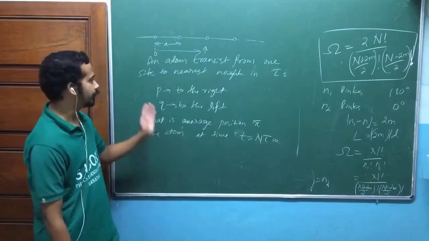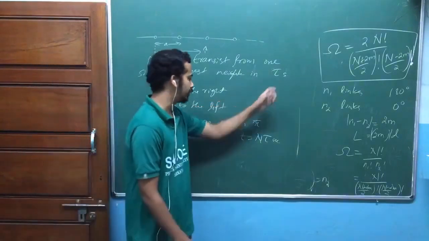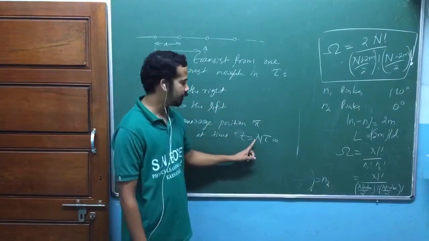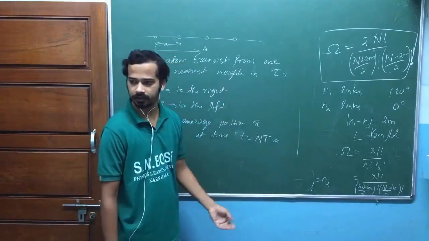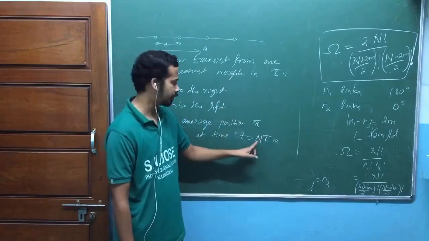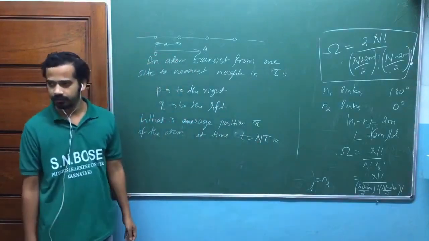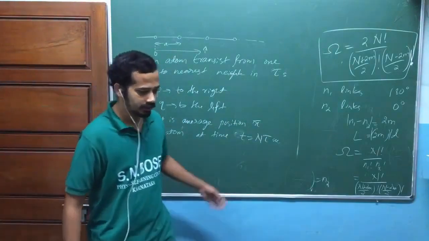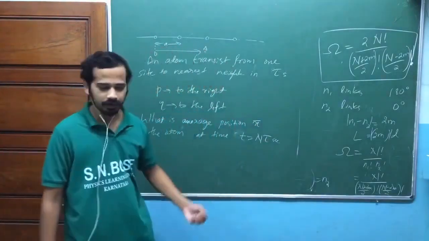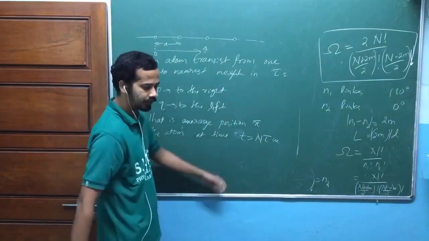So, if each transit takes 2 seconds, then after n into 2 seconds, how many transits has it done, or how many steps has it taken? N, isn't it? This problem is just again to check whether you know that or not. Now, he mentioned n is very much greater than 1.